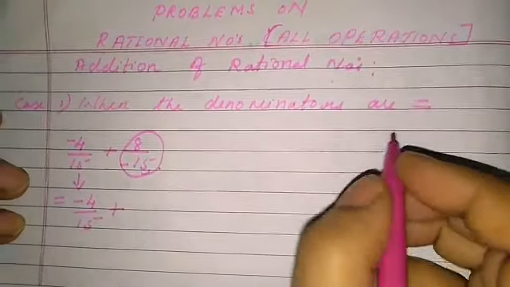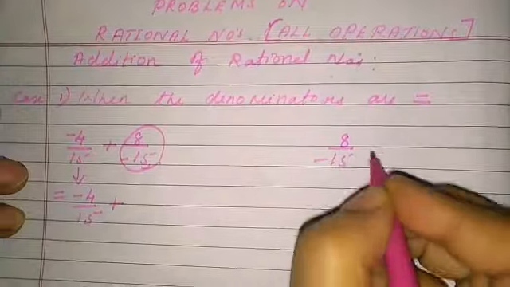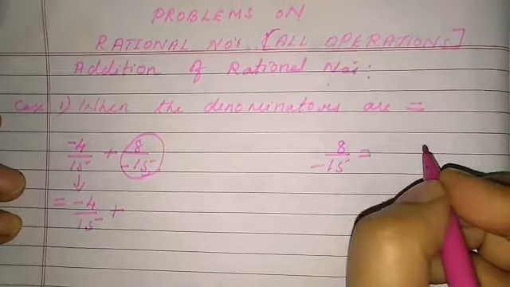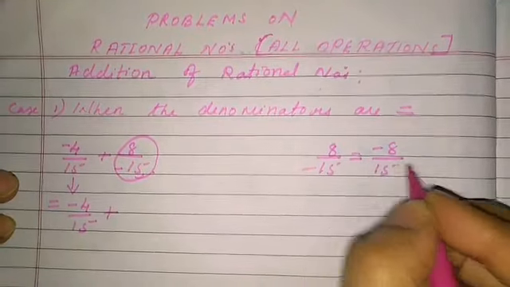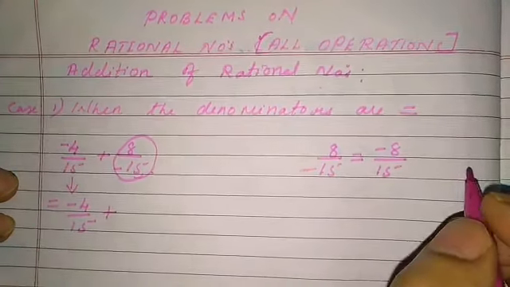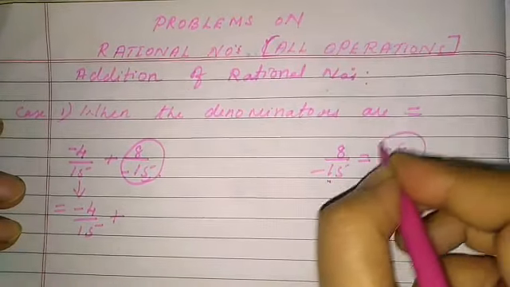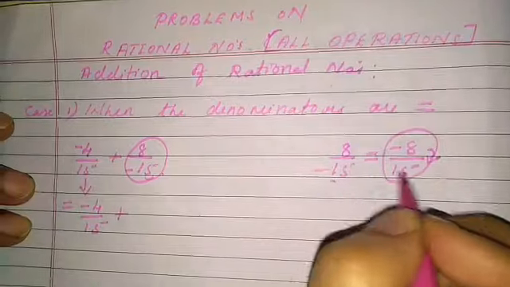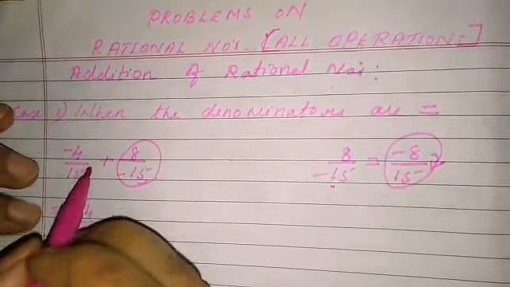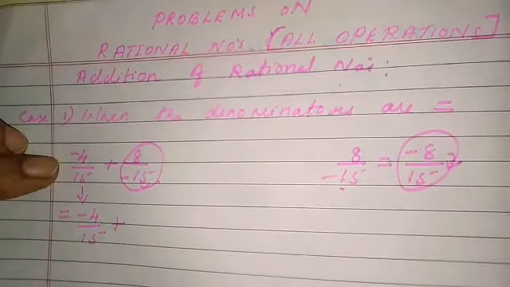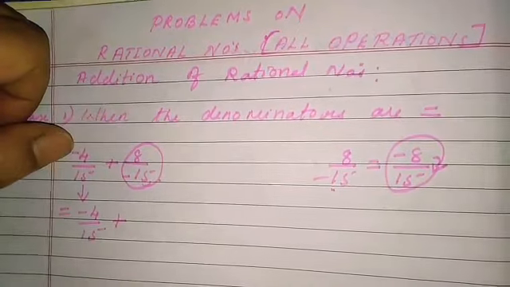If you remember, I had told you that this 8 by minus 15 is also equal to minus 8 by 15. Now what I'm going to do here is I'm going to take this number in this form. That becomes easier for us to add. The reason is because in this rational number we have a negative sign in the numerator.